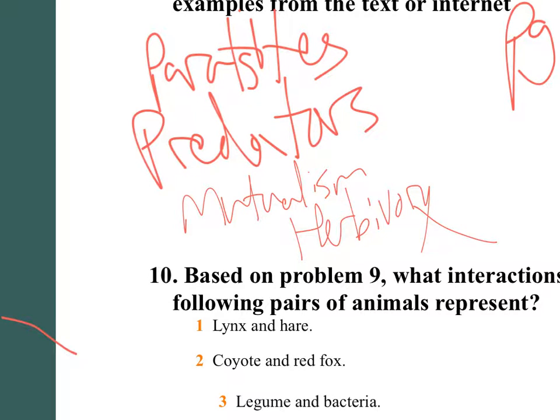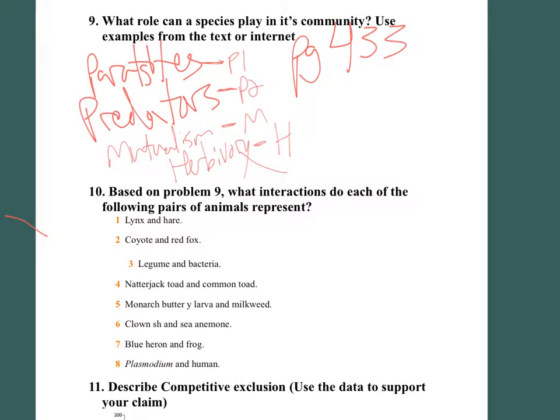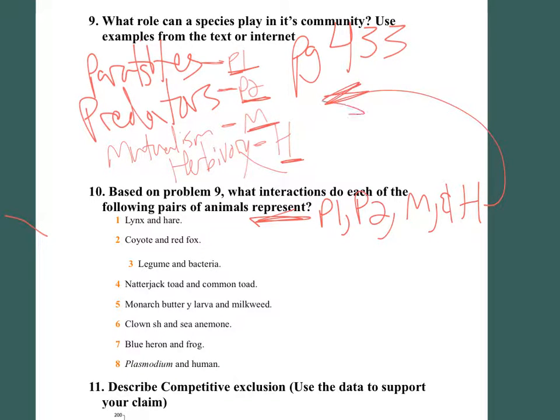And I'm going to give these letters so we know what we're working with. This is P1, P2, M, and H. So when you go through problem 9, what interactions do the following pairs represent? What you need to do is use these letter combinations. So P1, P2, M, and H. And those stand for those 4 examples of roles species play.